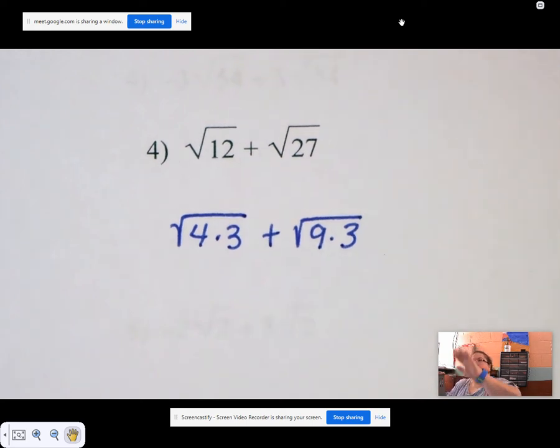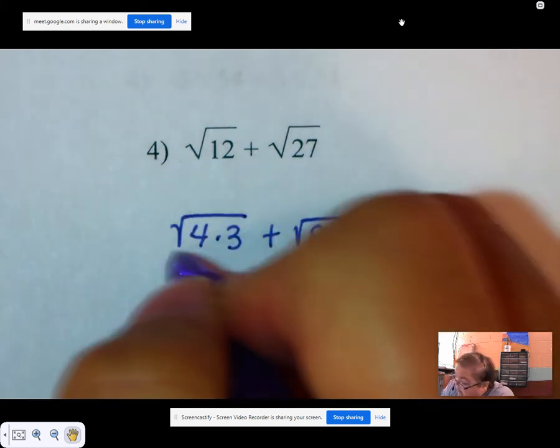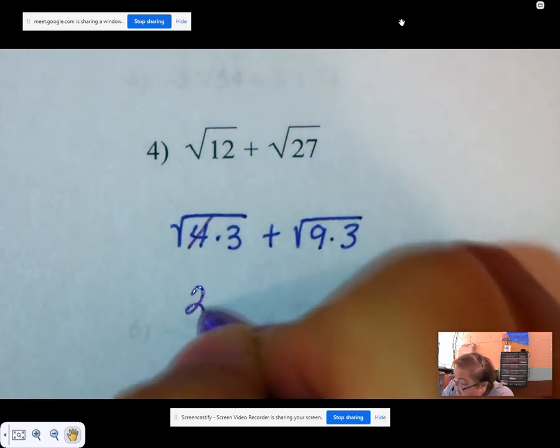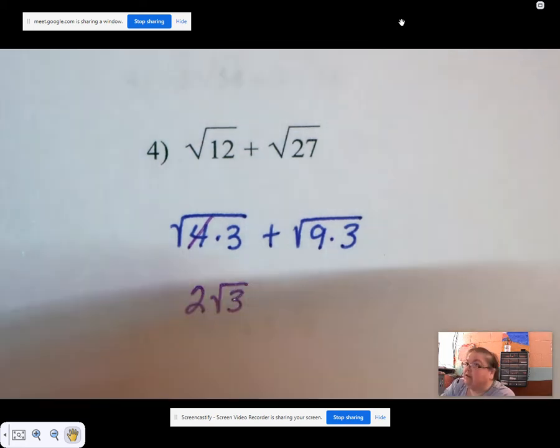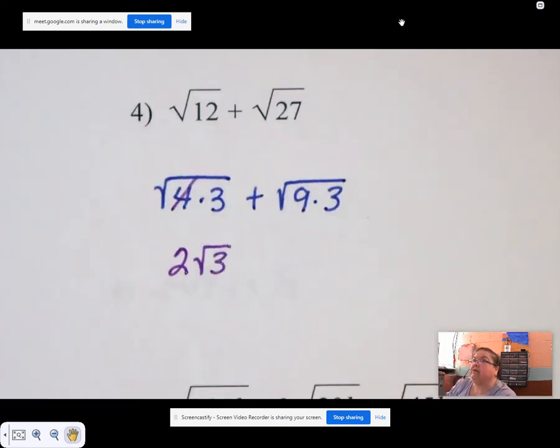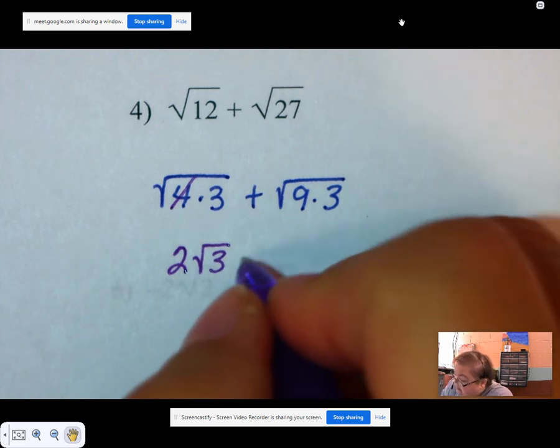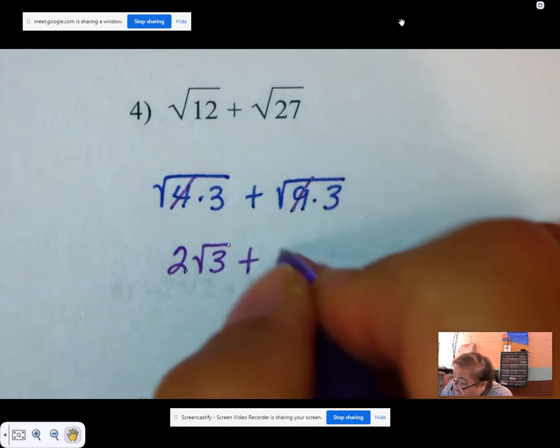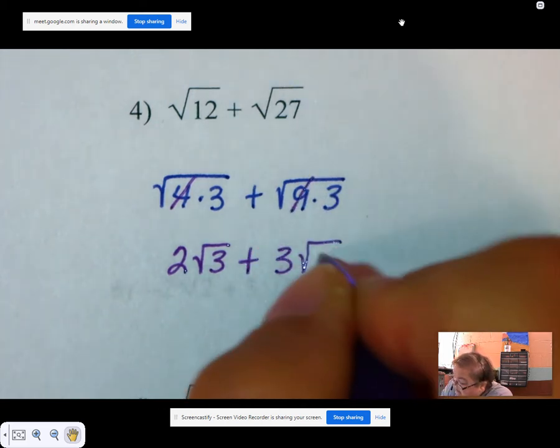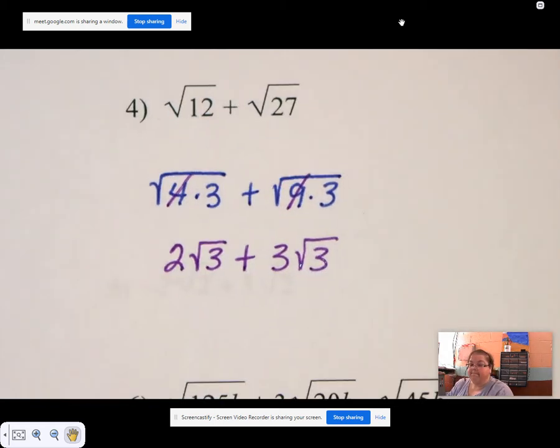So now I'm simplifying that. Here we go. The root of 4 is 2. 3 stays in because it's not perfect. Remember, only perfects get to come outside. Plus the root of 9 is 3. 3 stays inside. Just simplifying just like we have been doing. How we simplify them does not change.